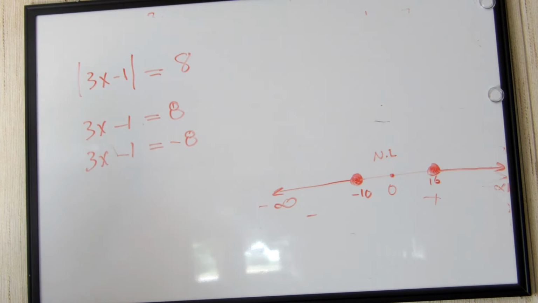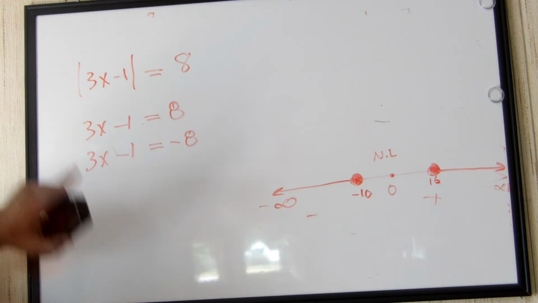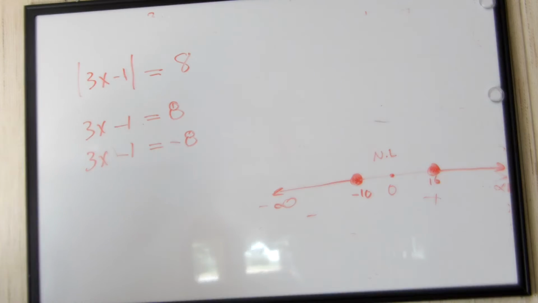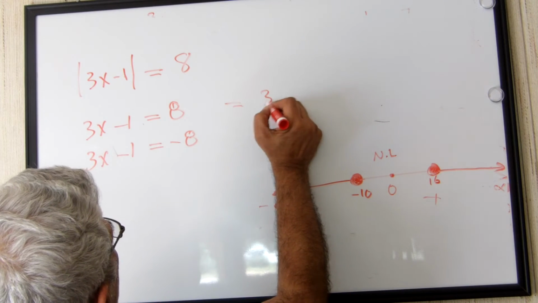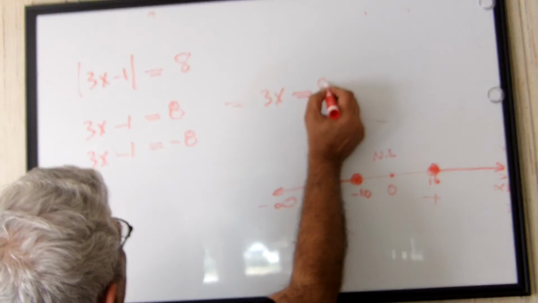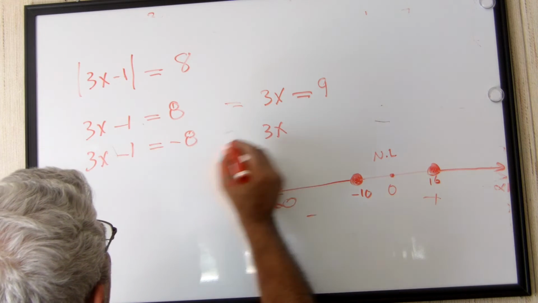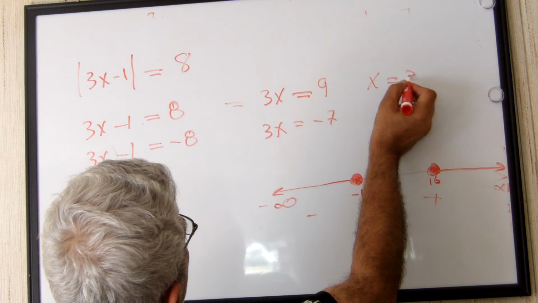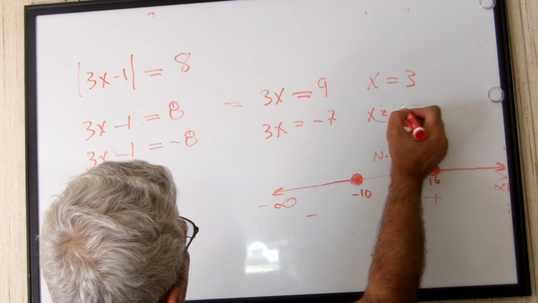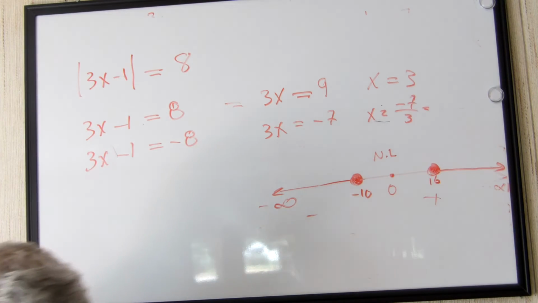There is no sign, larger than or smaller than, here, just equal. So you find this value: 3x is equal to 9, and this one is going to go here, minus 7. So x is going to be 3, and x is going to be minus 7 over 3.